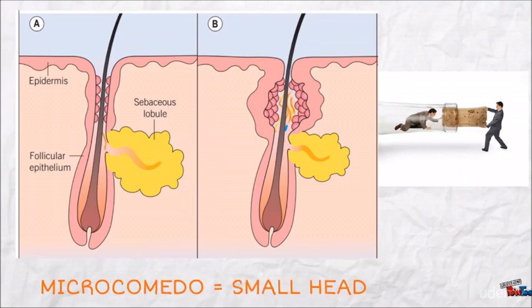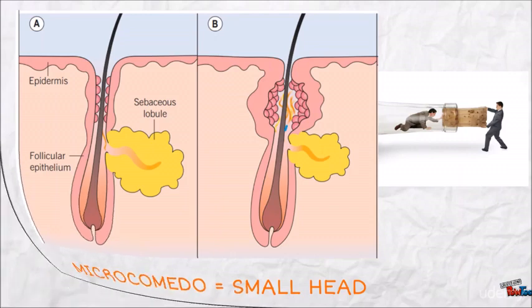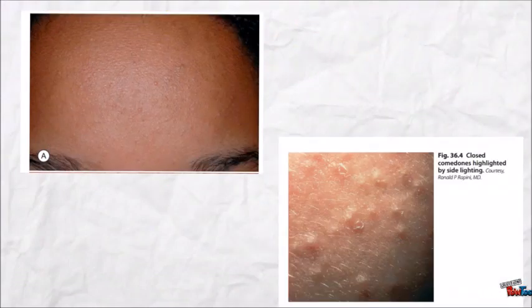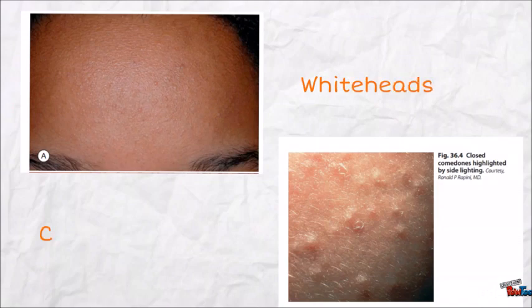This is how what is called a closed comedo or a whitehead is formed. So the word comedo is the exact translation of small head. So again, abnormal cell growth leads to bottleneck phenomena, leads to accumulation of materials that leads to the formation of whiteheads, as we can see here.